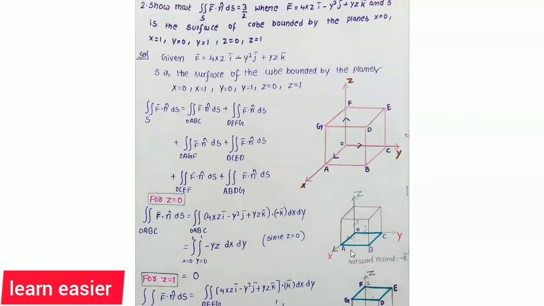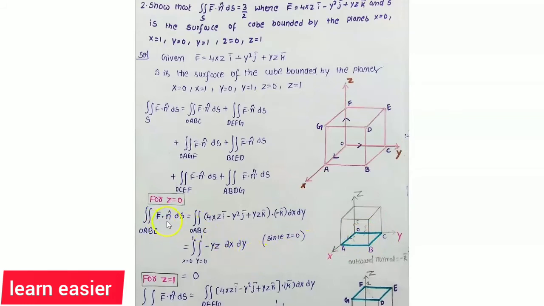So in the xy plane the value of z is completely 0. That's why we have taken the xy plane OABC. So this OABC forms the bottom surface of the cube.